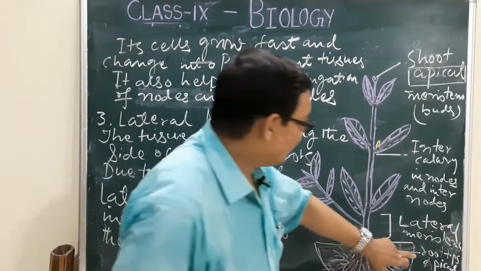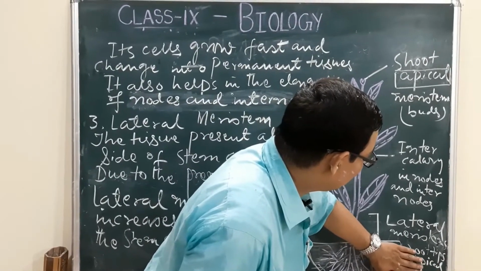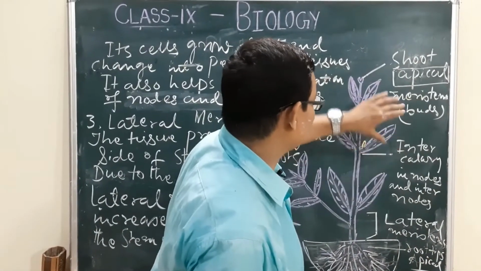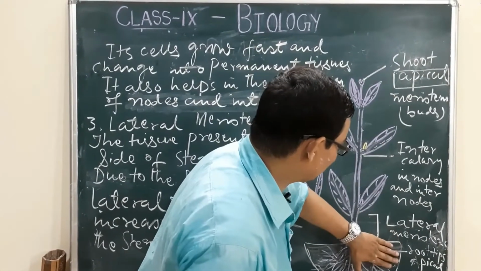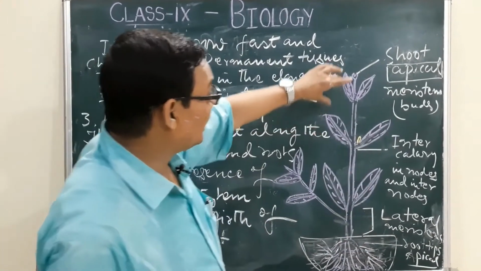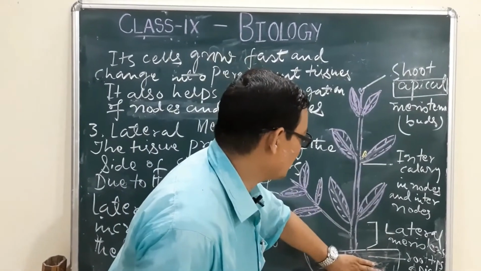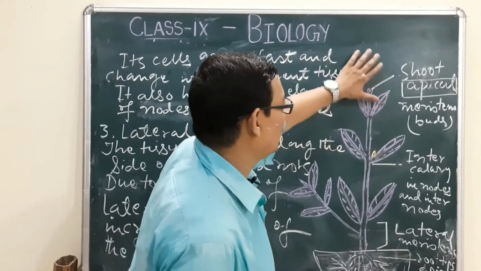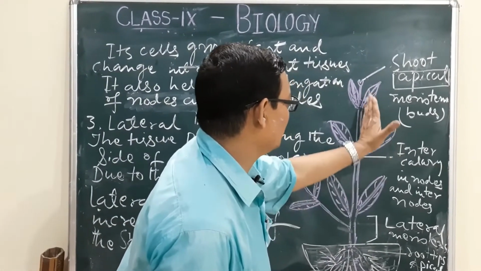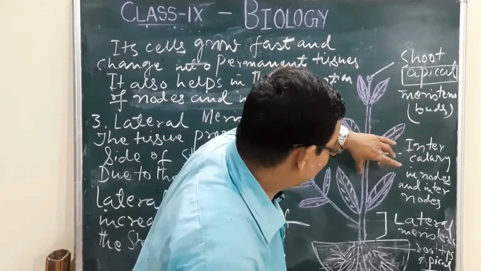As you see in the location of the apical meristem, it occurs at the root tips and the shoot tips. Here is also and here is also. That is why it is mainly related with the elongation of the stem as well as the root, that means all along the plant body.